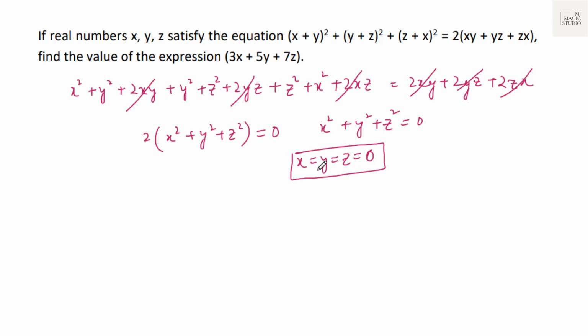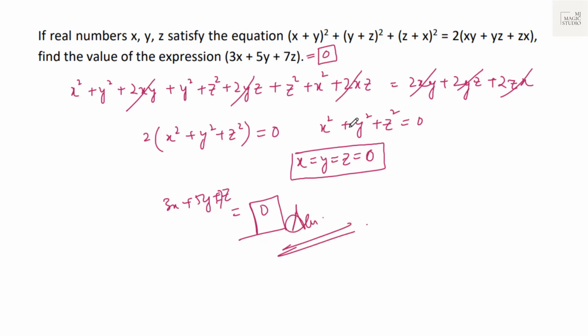That means x, y, z all are 0. What is the value of the given expression? 3x plus 5y plus 7z is 0. Type in the answer in the box given and move on.